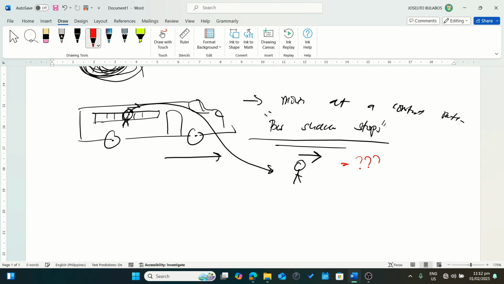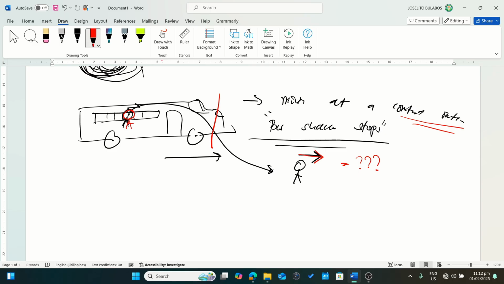But the question is why? When the bus is already moving at a constant rate and then it suddenly stops, the passengers inside will tend to move forward.